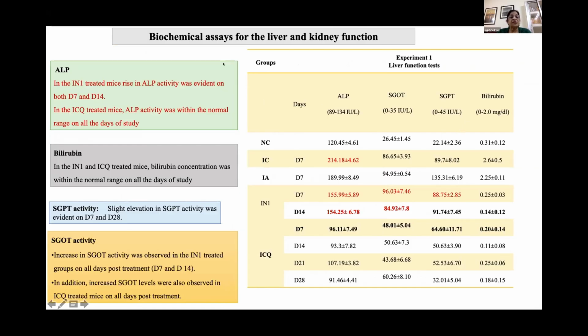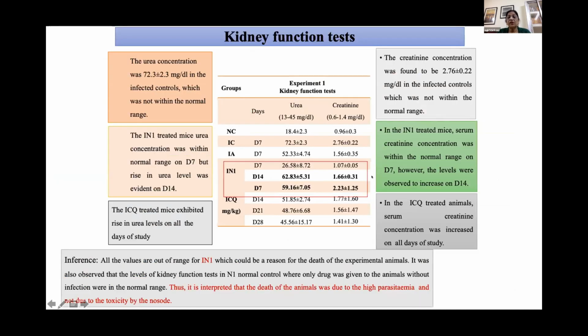Then we did the biochemical estimations, where we studied the ALP levels, SGOT, SGPT, and bilirubin. You can see that wherever the parasitemia was there, the levels were raised, and as soon as the parasitemia was eliminated, all these biochemical parameters also started declining. You could see the increase in the levels of ALP, SGOT, and SGPT in N1 treated animals. Most of these parameters were deranged, and in the kidney function tests also, some of the levels were normal, but later on some of the animals had levels that were not within the normal range.